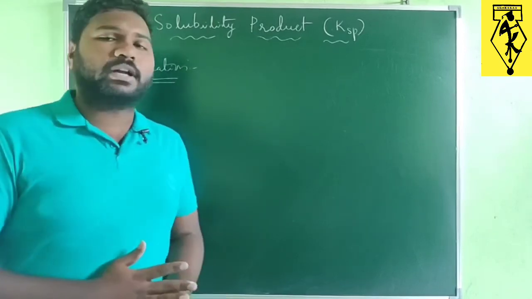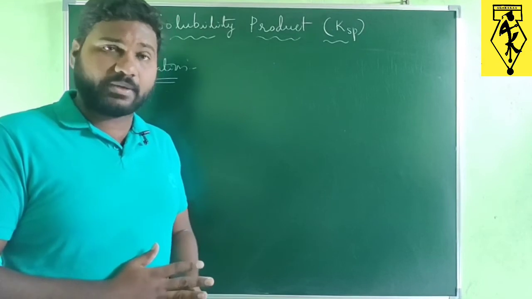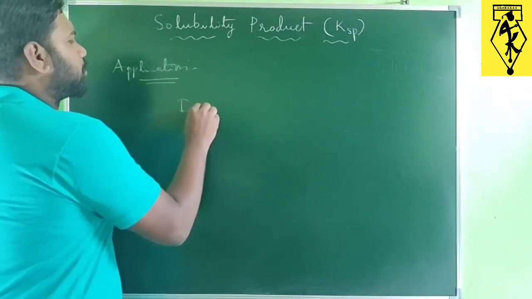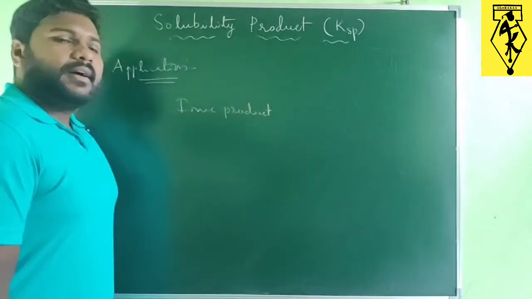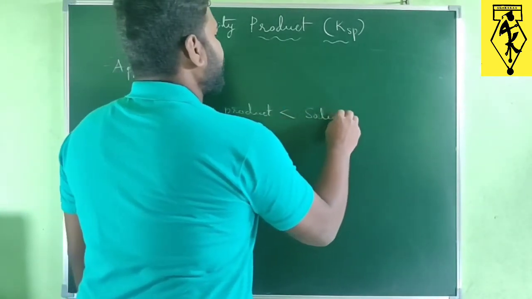Let us discuss a few applications. By this solubility product value, we can predict the possibility of formation of precipitate in a reaction. Suppose the ionic product is less than the solubility product.